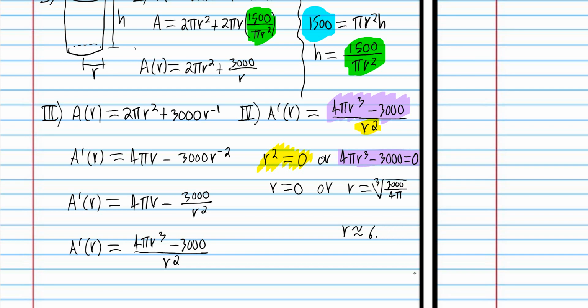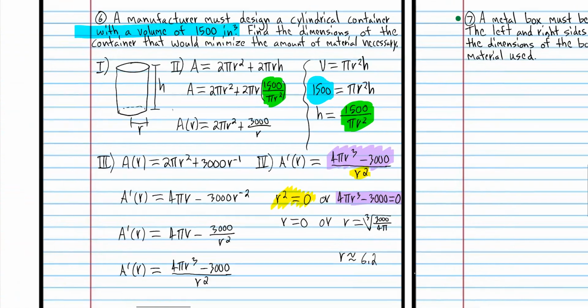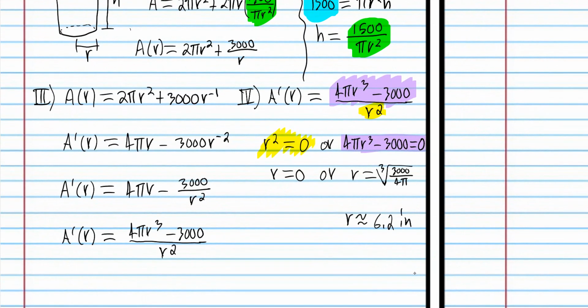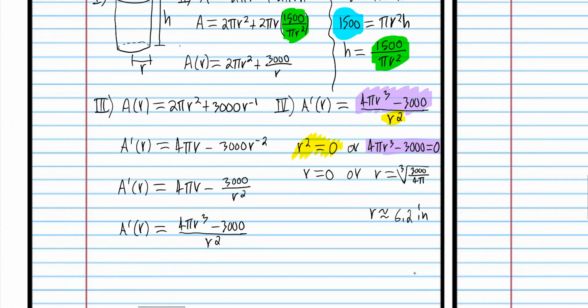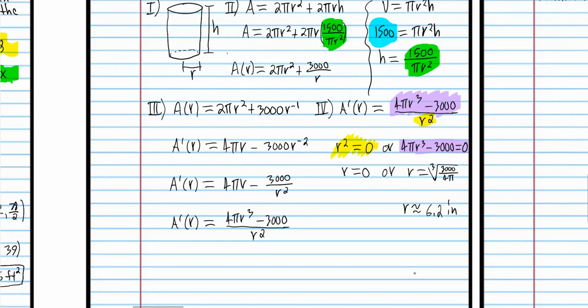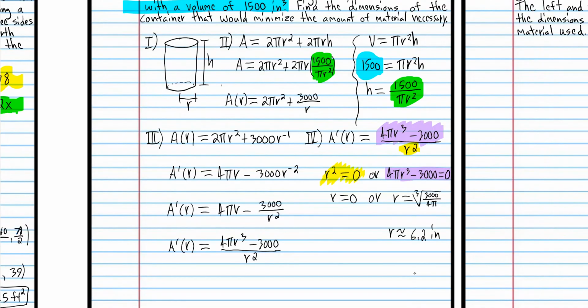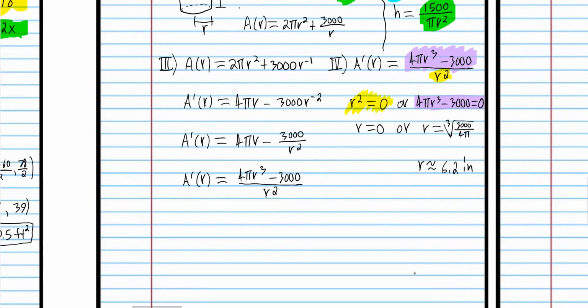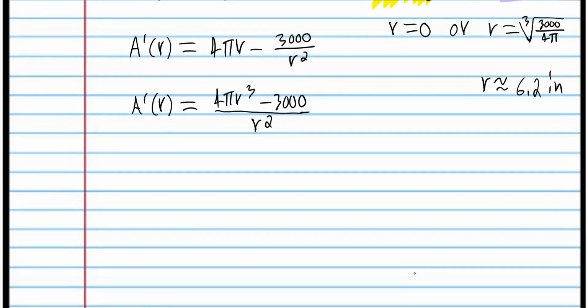We can just say 6.2, that's good enough. And that's going to be inches. So now we can't just assume that this is the location of a minimum value. We have to use the first derivative test to check it.